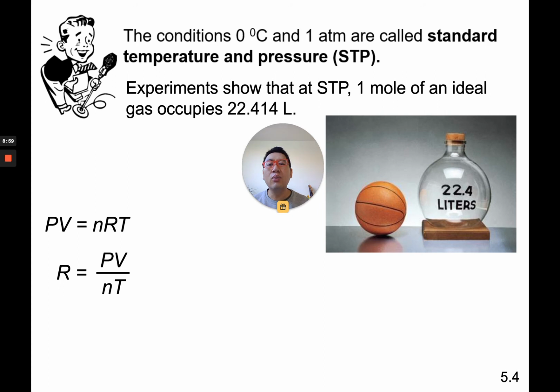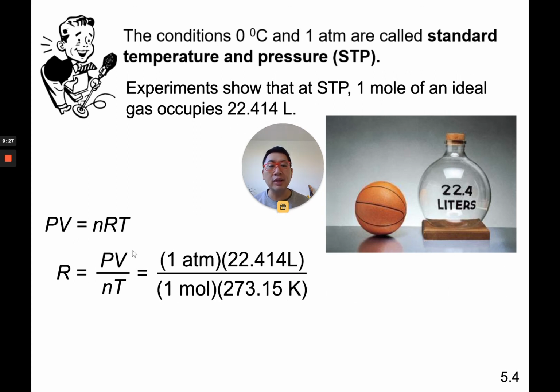Well, again, 1 mole of any gas at STP is 22.414 liters. So n equals 1 mole, the temperature at STP is 0 degrees Celsius or 273 kelvins, the pressure is 1 atmosphere, because that's what STP stands for, and the volume is 22.414 liters.